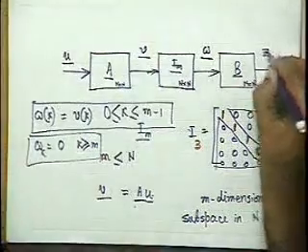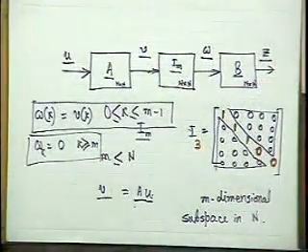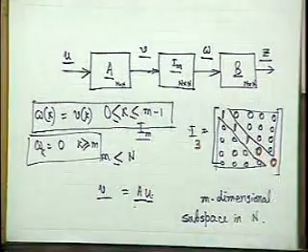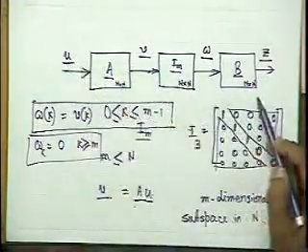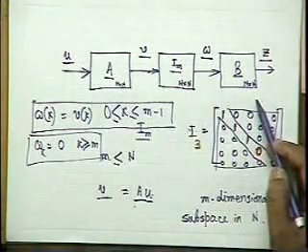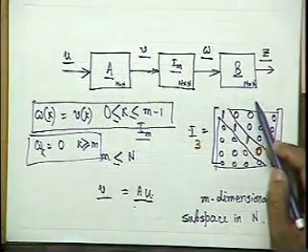So let me say that the output is a Z vector. Now my U vector is not exactly the same as the Z vector. There is going to be some amount of error between the U vector and the Z vector.